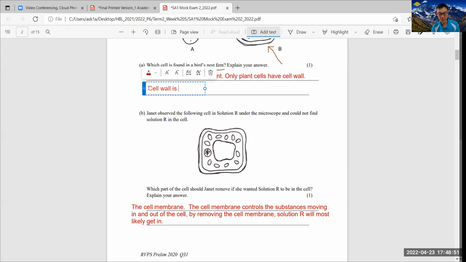Cell wall is present in B, but not in A. That's for the above questions.